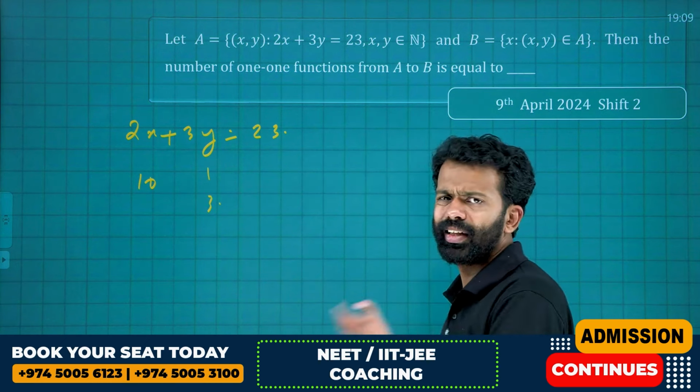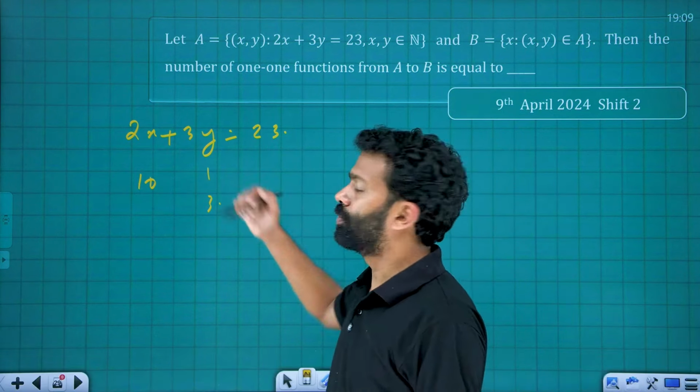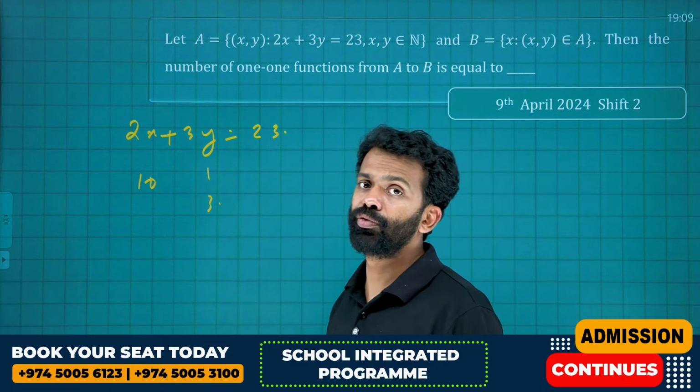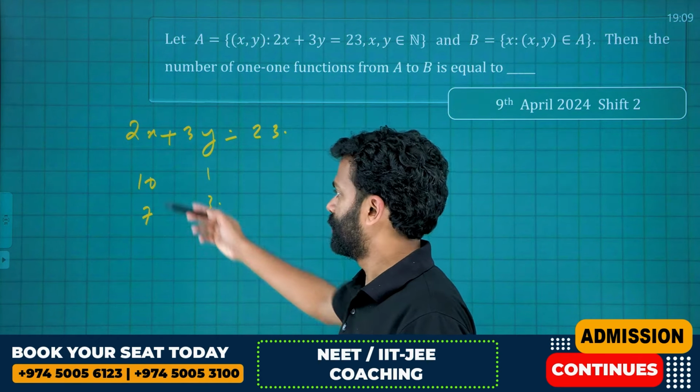Okay, see, things like this will dilute the method of solving the questions. So 3 into 3 is what? 9. What is 23 minus 9? 14. 2x is equal to 14, that is x is equal to what? 7. There is a pattern here.